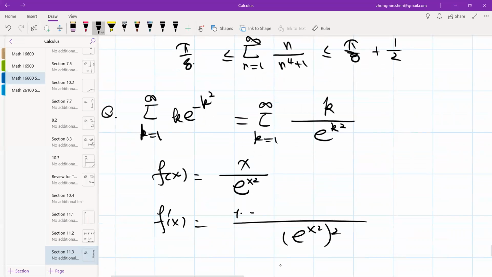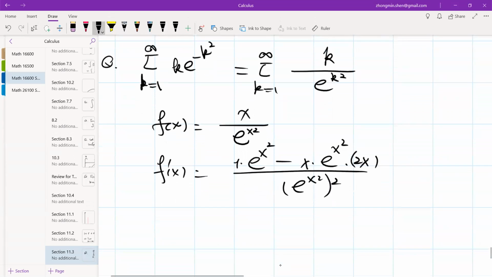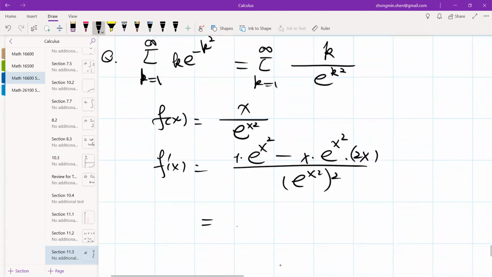So it's 1 over e to the x squared minus x. When you differentiate e to the x squared, I get 2x here, right? So you take e to the x squared out, you get minus 2x squared over e to the x squared. After simplifying, clearly it's going to be negative.